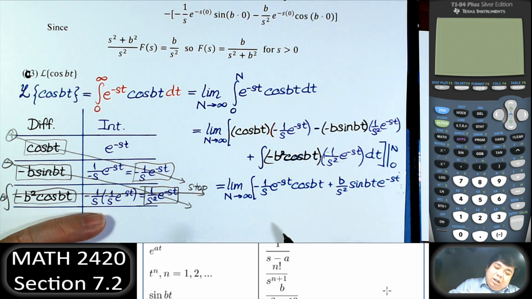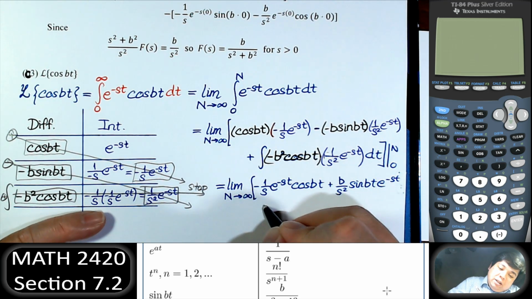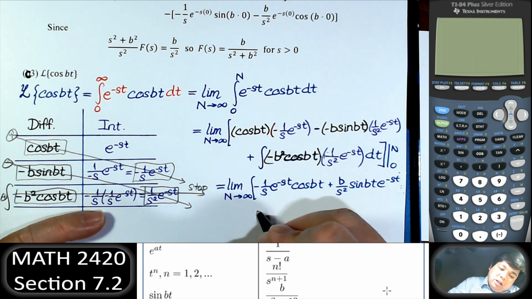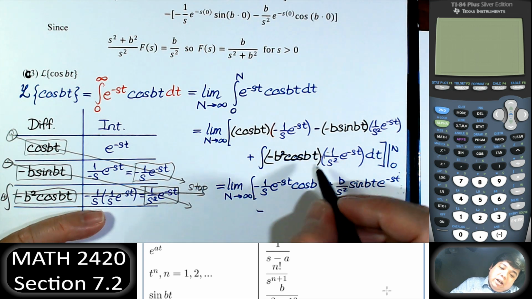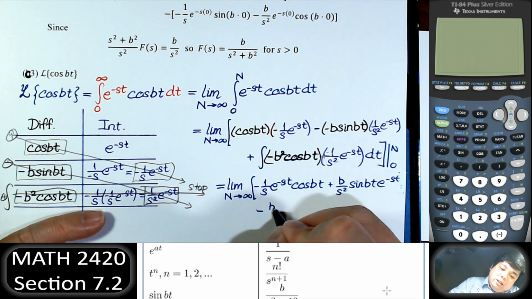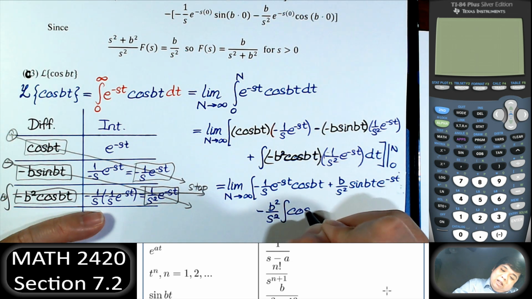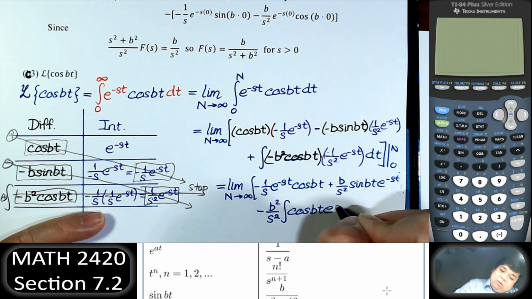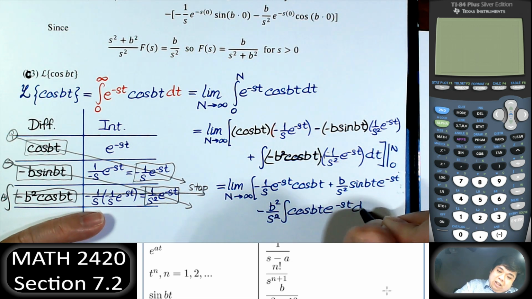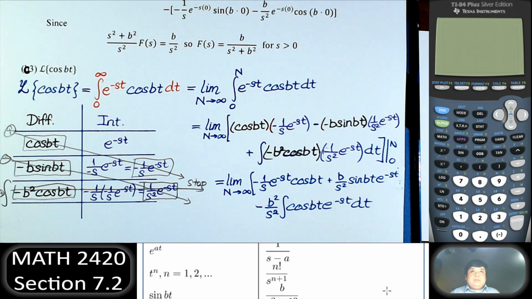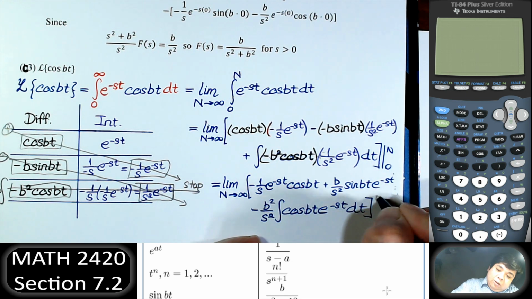Combine that term and then plus the integral, which will be minus. I'll take out the b squared and the s squared. We still have the integral of cosine bt e to negative st dt, and the closed integral going from 0 to n.